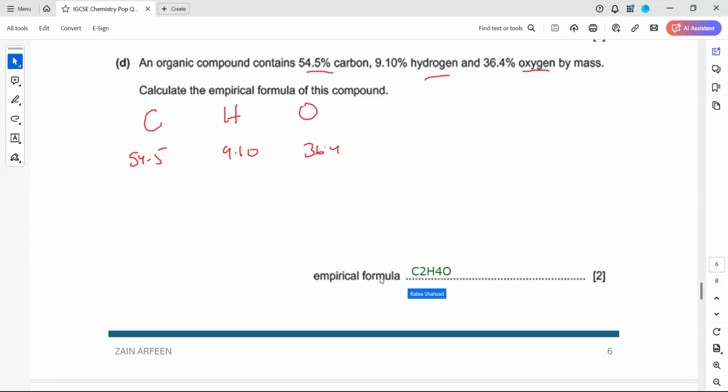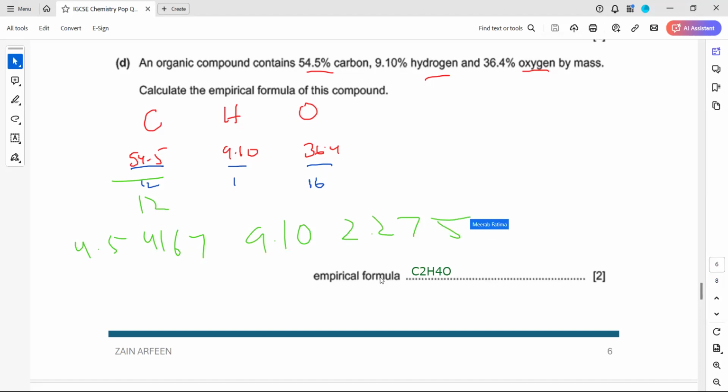So first what we do, we divide by atomic mass. So we'll divide this by 12, this by 1, and this by 16. What's the answer? 54.5 divided by 12 is 4.541. And whenever you're writing the steps of empirical formula, don't round off the numbers to 3 or 4 decimal places, because you don't need to round off in between.